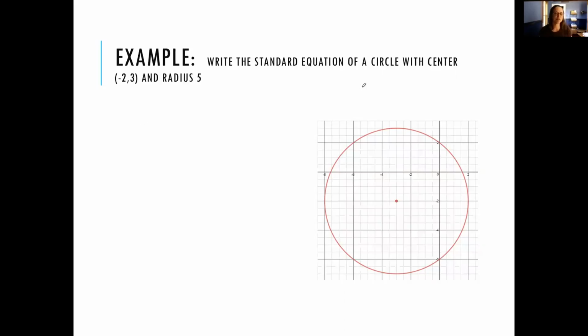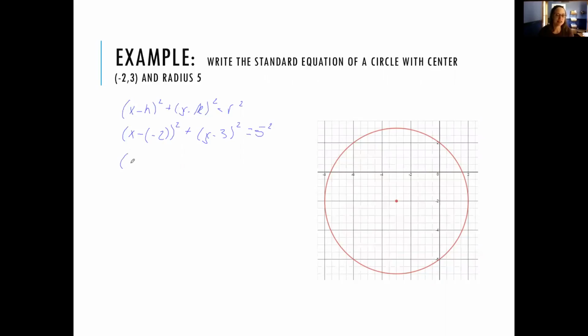So remember, the standard form of the circle is given by the equation (x minus h) squared plus (y minus k) squared equals the radius squared, or (x minus h, where h is the x-coordinate of the center of the circle, so negative 2) squared plus (y minus 3) squared equals 5 squared.